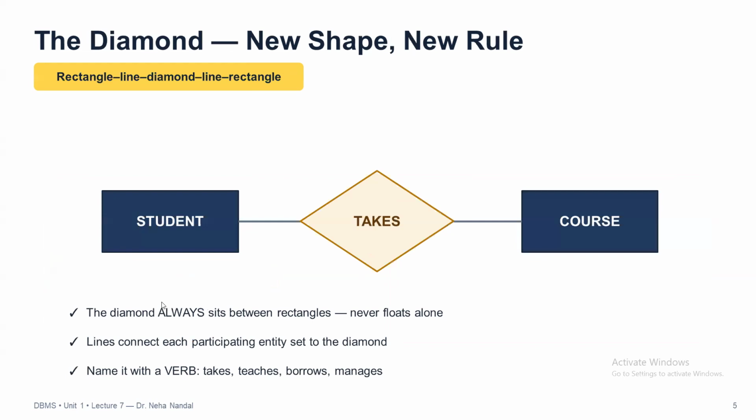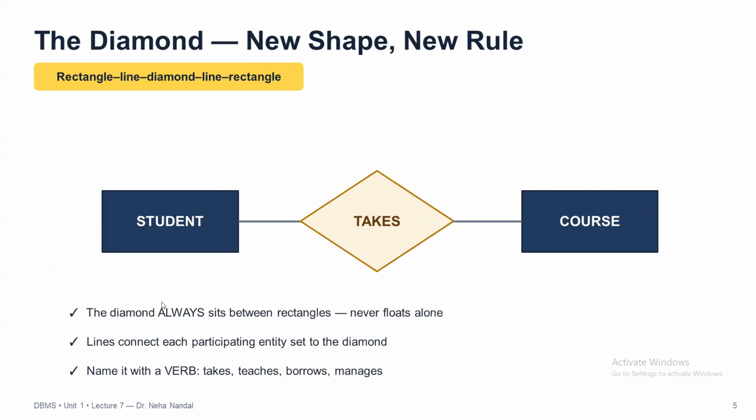So this is our relationship between two entity sets, the diamond. This is the shape for representing a relationship in the ER model. A relationship set will be drawn with a diamond. It will sit between the two rectangles, which represent entity sets.